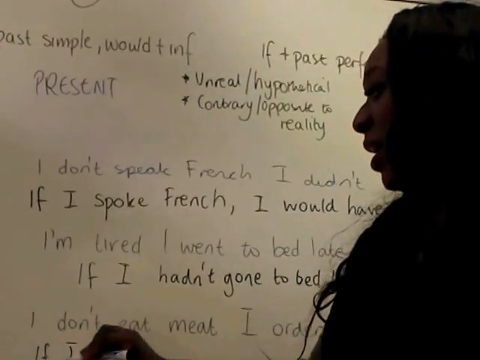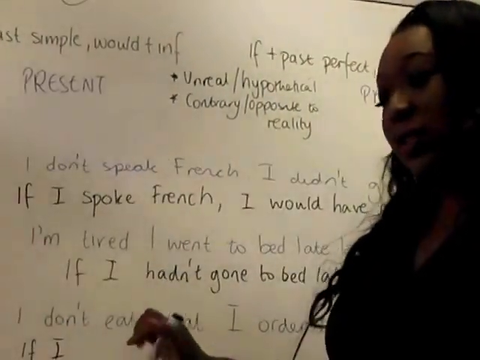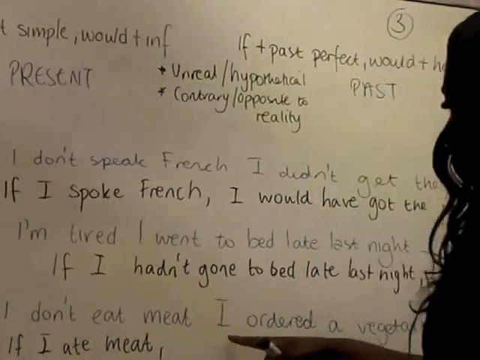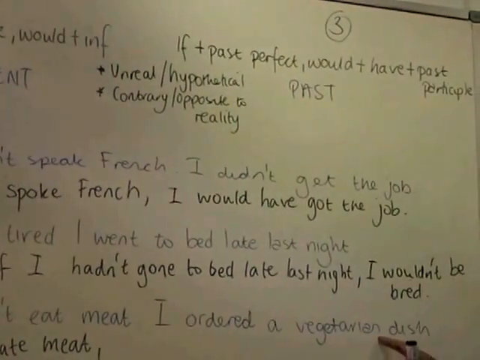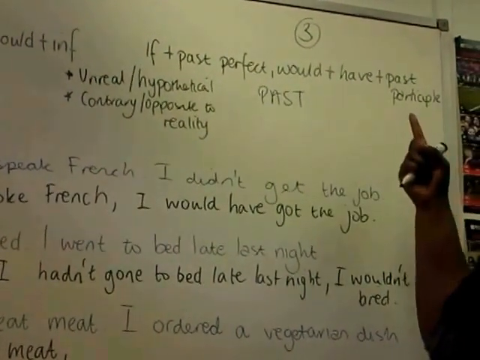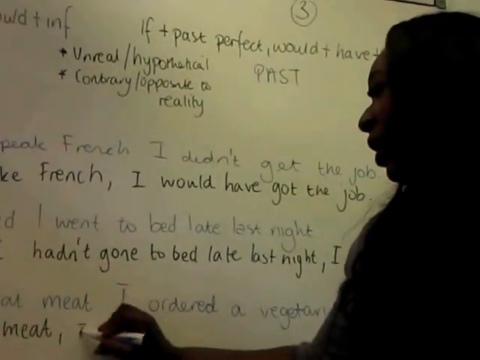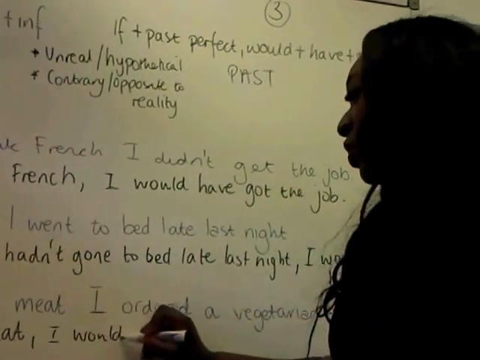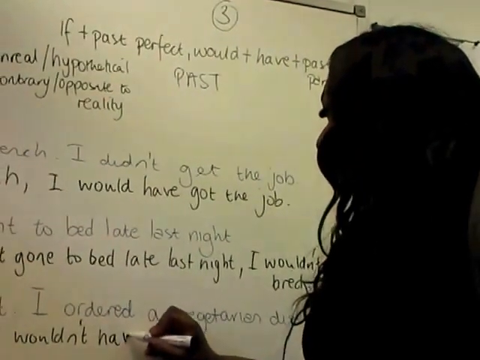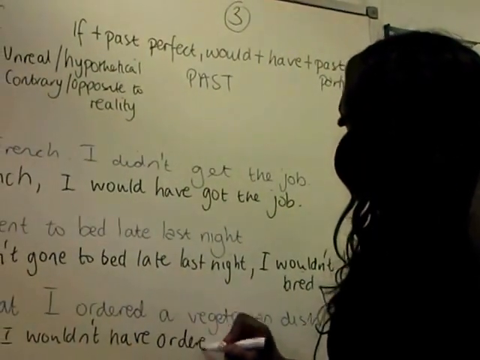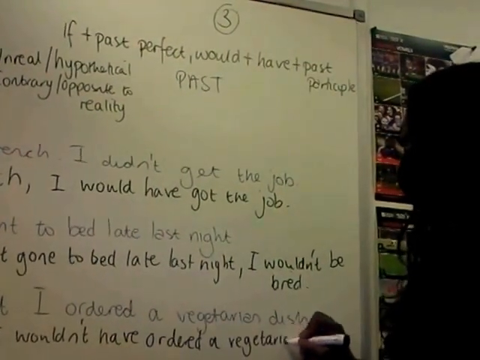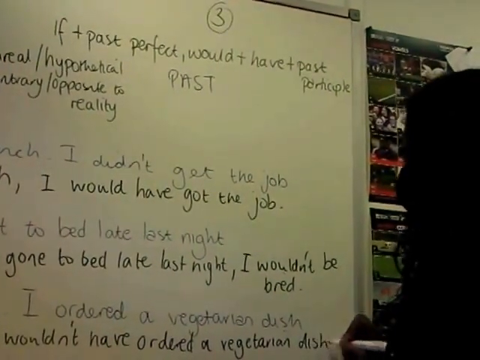If I, negative becomes positive, ate meat. I ordered a vegetarian dish, past time. So I'm going to use my third conditional. I would not, got to be negative, have ordered a vegetarian dish.